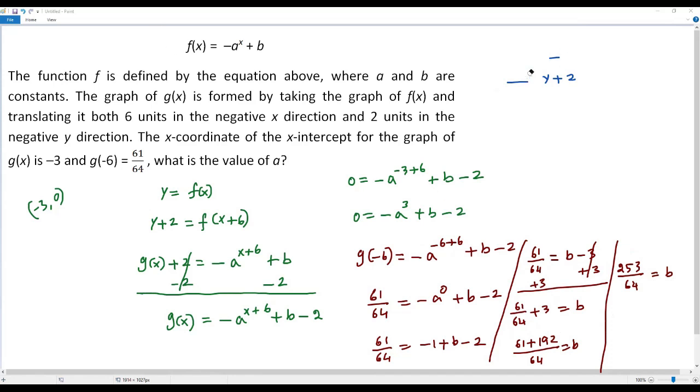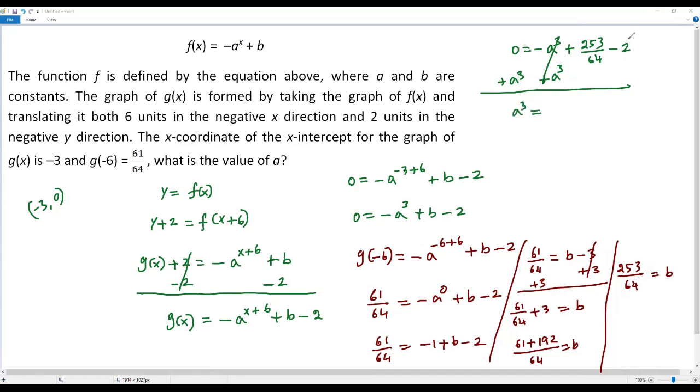Now what we can do is plug in this value of b, 253 over 64, into this equation and solve for a. That is 0 = -a cubed + 253 over 64 - 2. Now let me add a cubed to both sides of the equation. When I do so, negative a cubed and positive a cubed cancel out. On the left side, 0 plus a cubed gives a cubed.